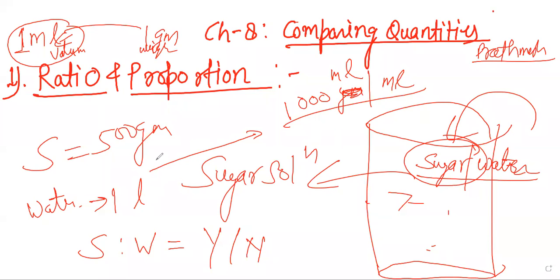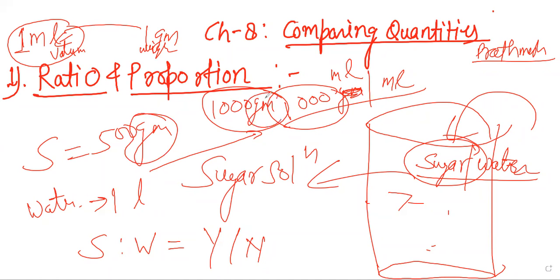So can we consider 1000 milliliter is equal to 1000 gram? Can we take? Yes. Now the units will be the same. Now we can compare the sugar and water, right or not?